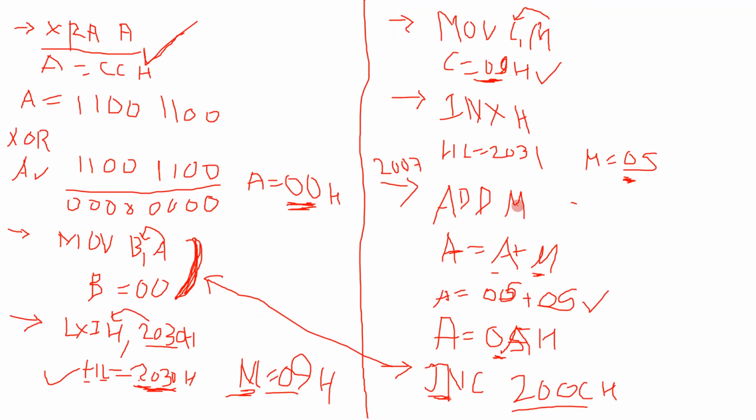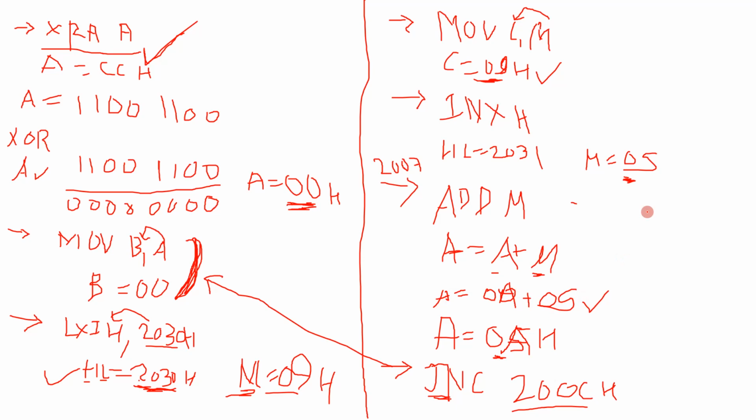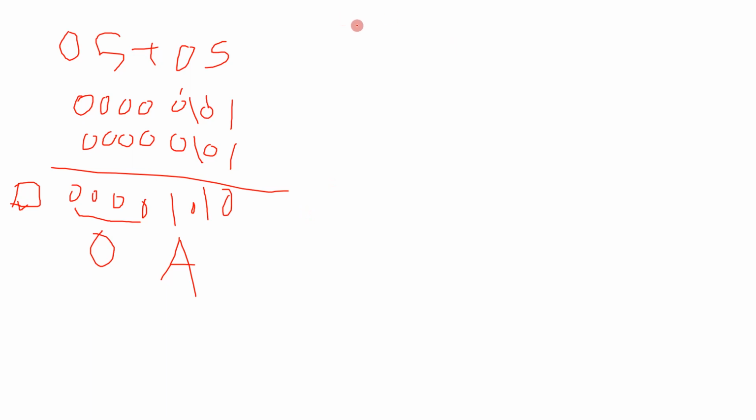Again it will perform ADD M, which gives A is equal to A plus M. A is how much? A is 0A, and M is still 05. So 0A plus 05, how much is it going to give? When you convert this into binary, what will you get?